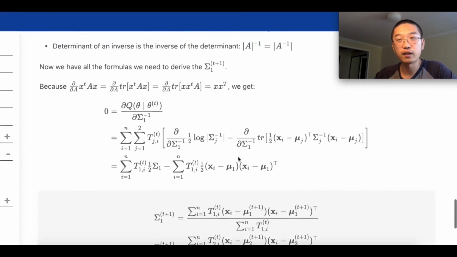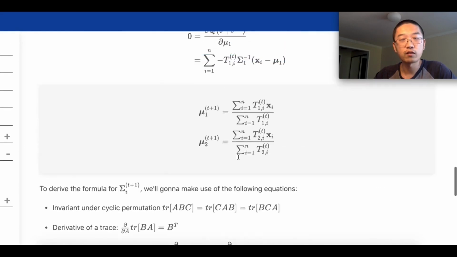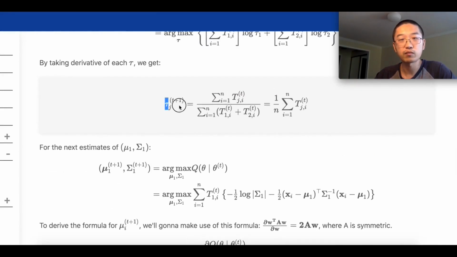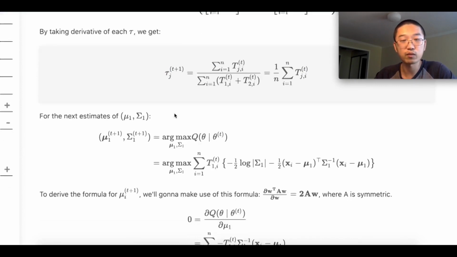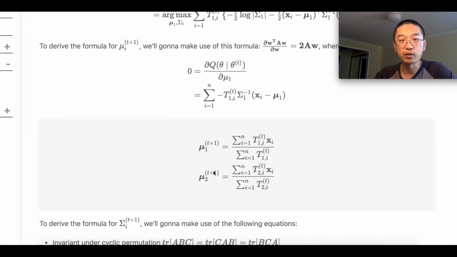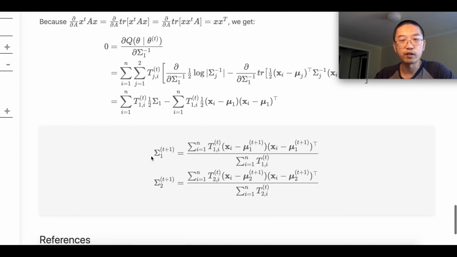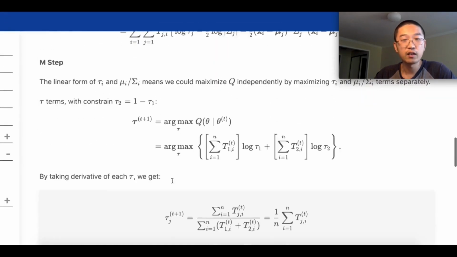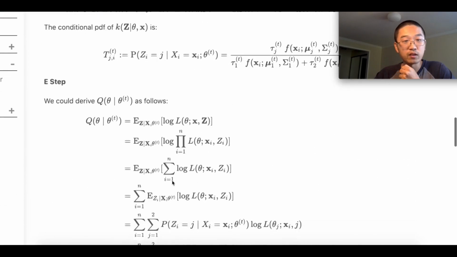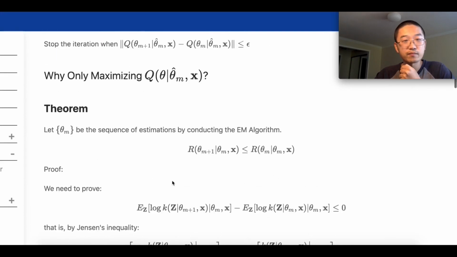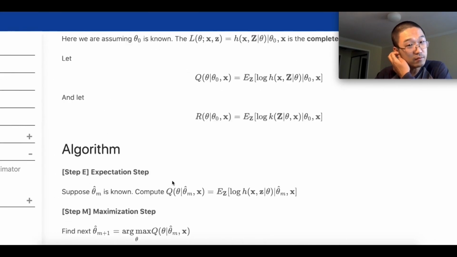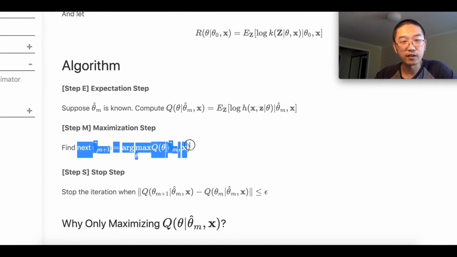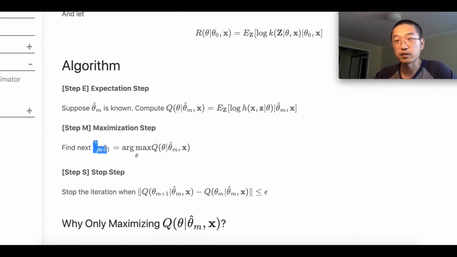So now we have all the formulas for the estimates: tau for the next iteration t plus 1, mu 1 and mu 2 for iteration t plus 1, and the covariance matrices for t plus 1. Now we know how to calculate the M step, and we can calculate the whole theta vector.